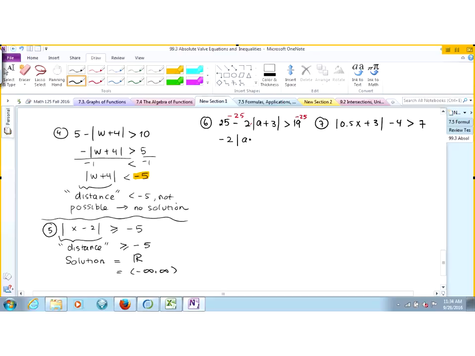So -2 absolute value of a plus 3 greater than... Now what am I doing? Multiply or divide both sides by -1 or -2 is okay. But this one, if I divide by -2, do I have fractions? No, so I'll just do it. And what happens if I divide by negative? Yes.